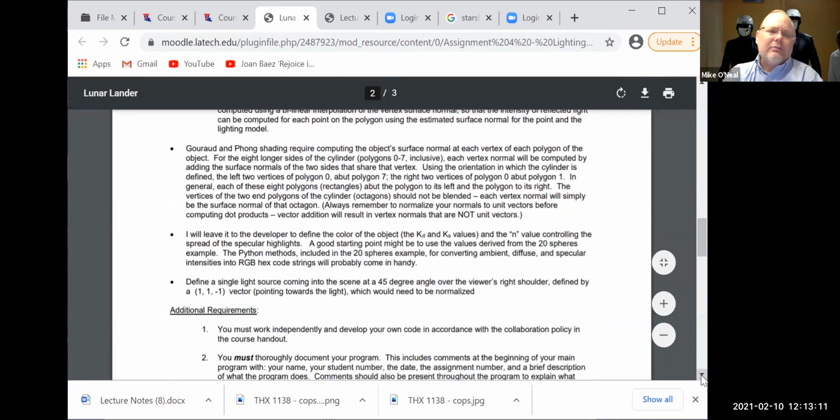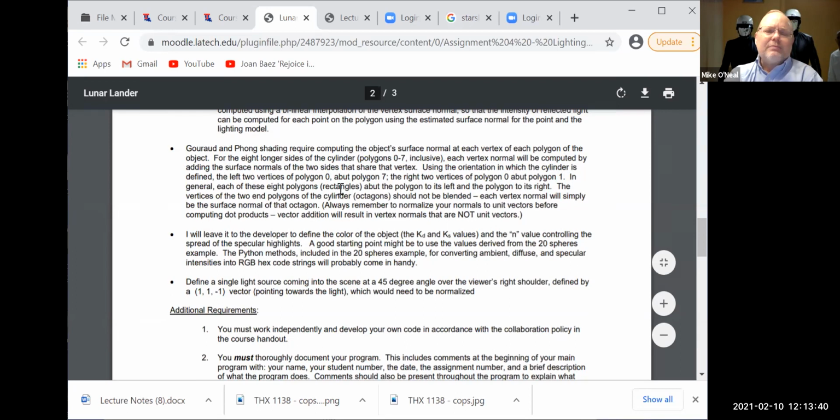I talk a little bit here about how you compute the surface normals. For the 8 longer sides of the cylinder, polygons 0 through 7 inclusive, each vertex normal will be computed by adding the surface normals of the 2 sides that share that vertex. Using the orientation in which the cylinder is defined, the left 2 vertices of polygon 0 abut polygon 7, the right 2 vertices of polygon 0 abut polygon 1.